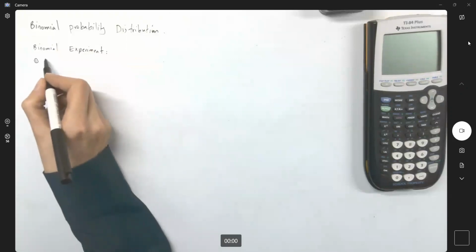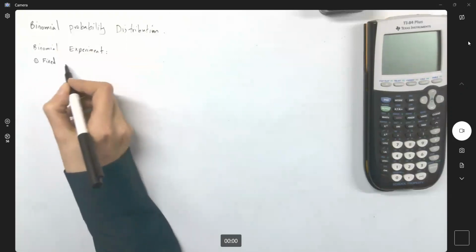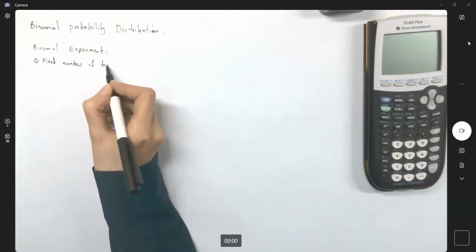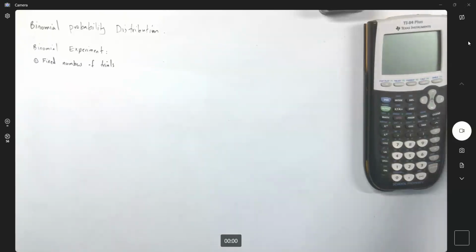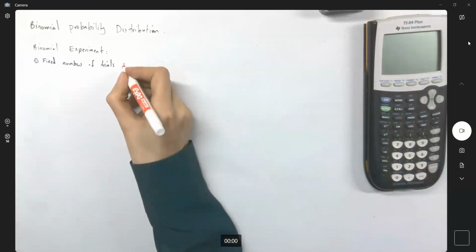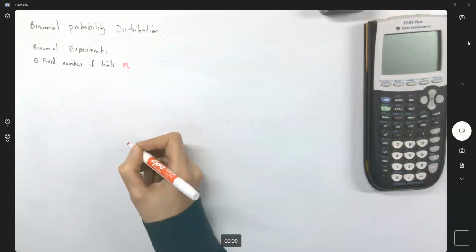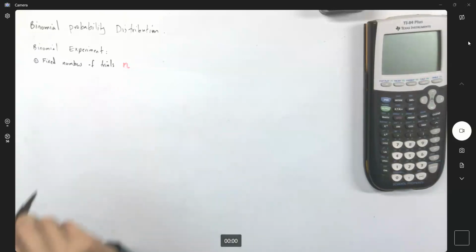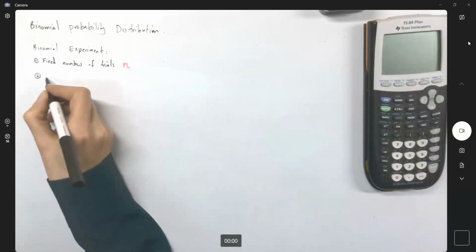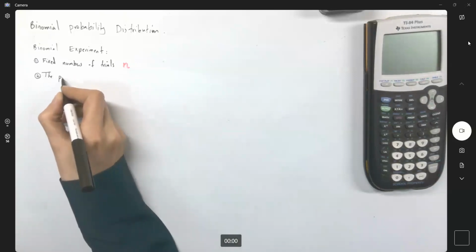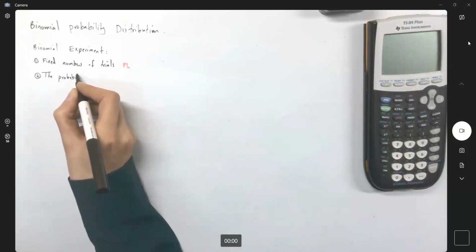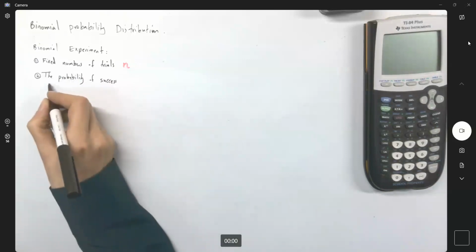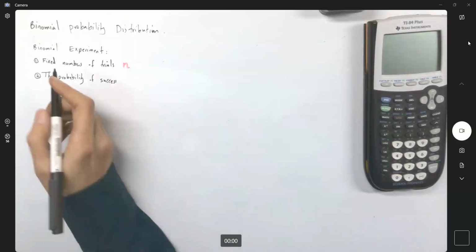First of all, we have a fixed number of trials, which we denote by n. For example, you have 8 patients that you want to perform surgery on. Second, the probability of success is the same in each trial.